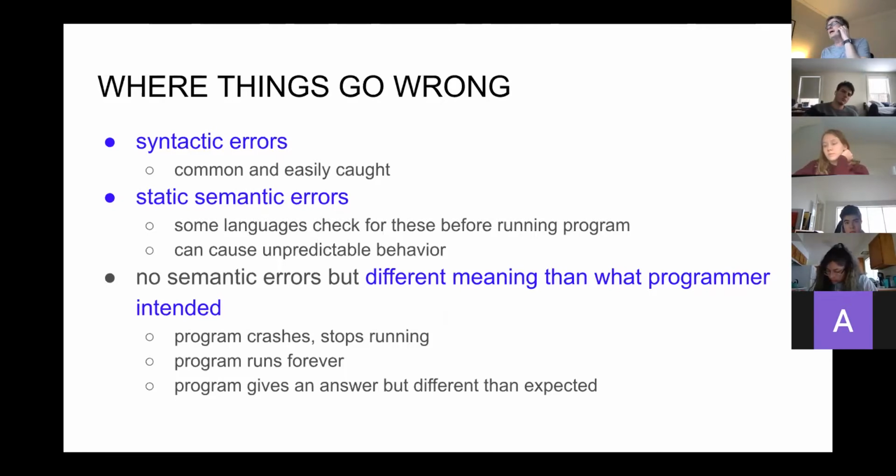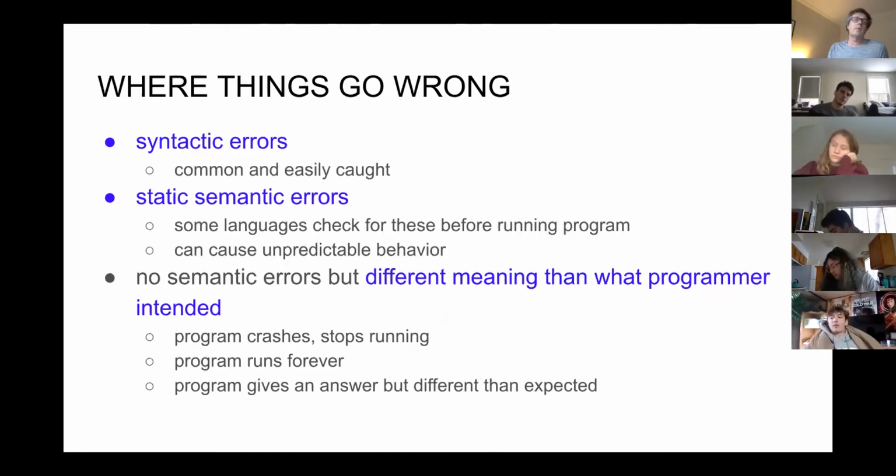Certainly, if I don't fully understand English, I might tell somebody something that makes sense to them, but it's not really what I want them to do because I use words incorrectly, right? So anyway, we see this in programming.